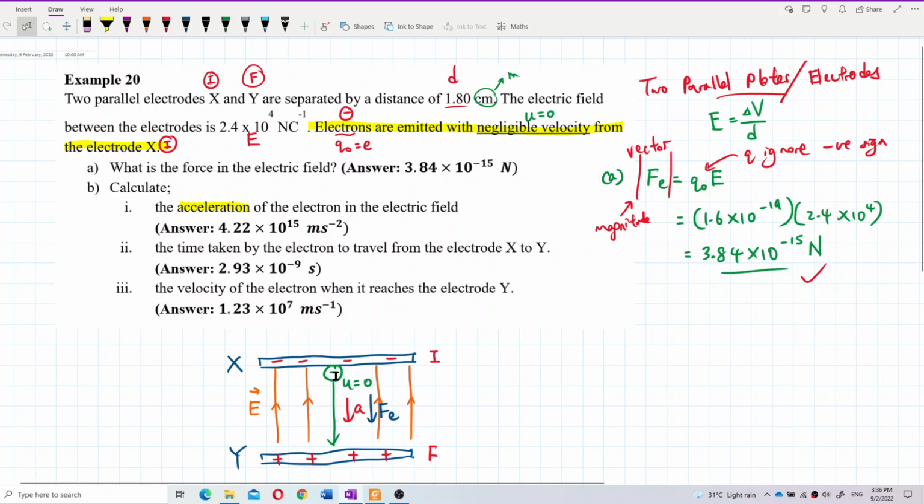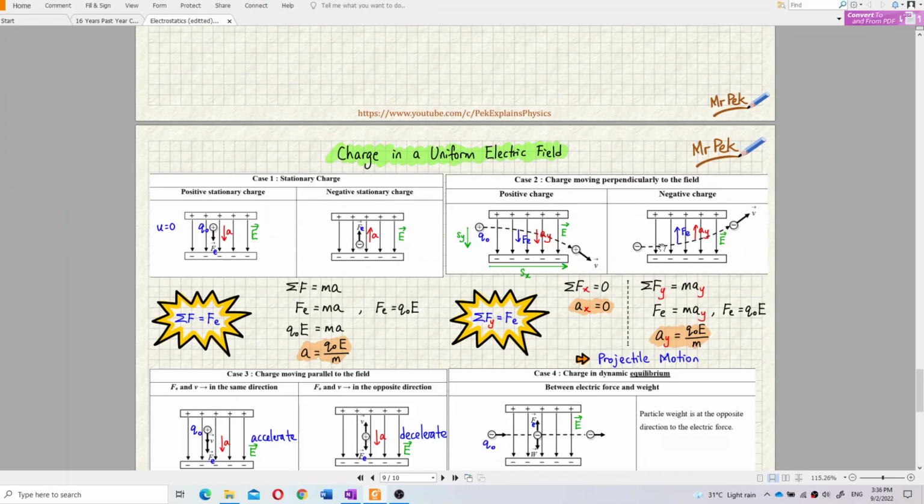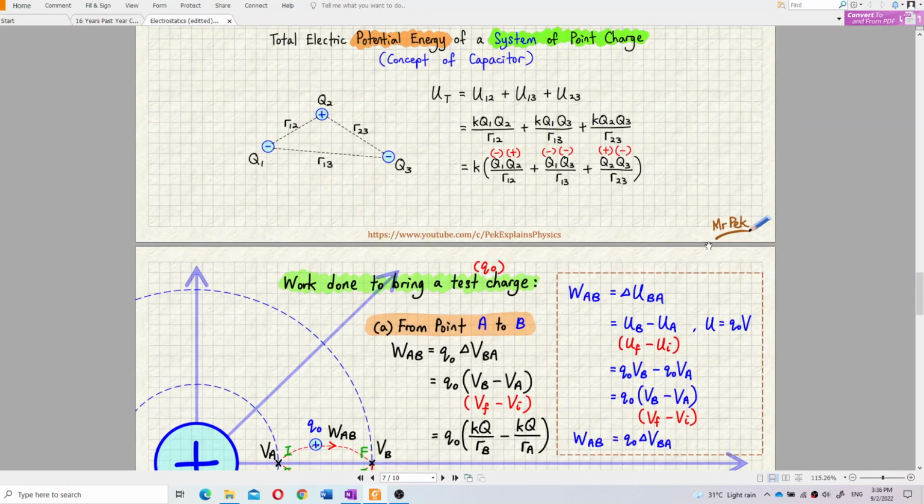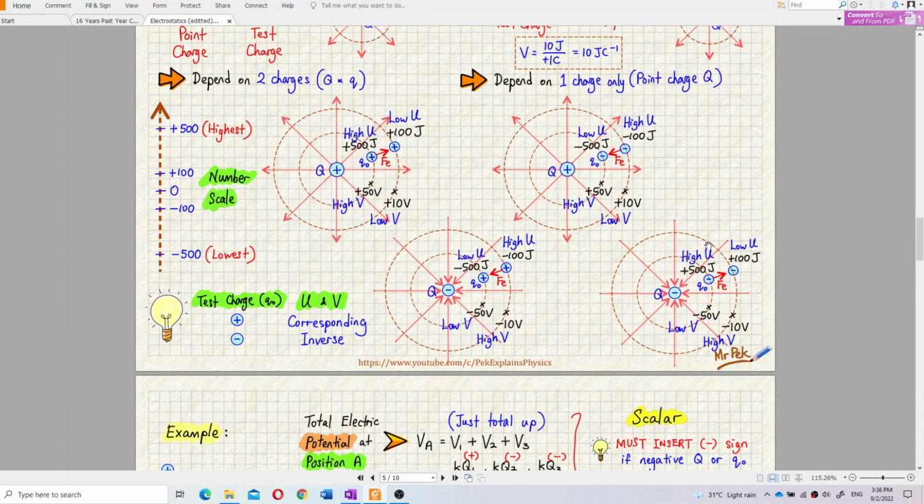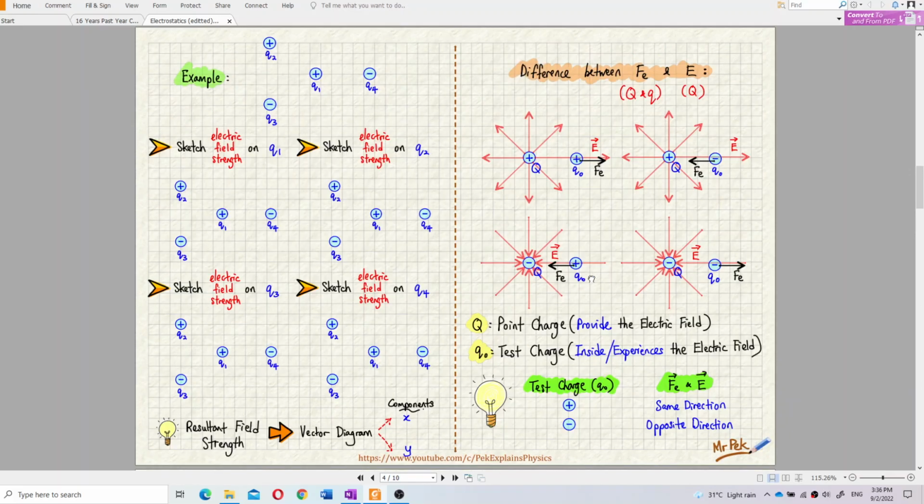This is a negative test charge. This test charge is negative, so the force and electric field are in opposite directions. I did tell you about this earlier. Let me show you.